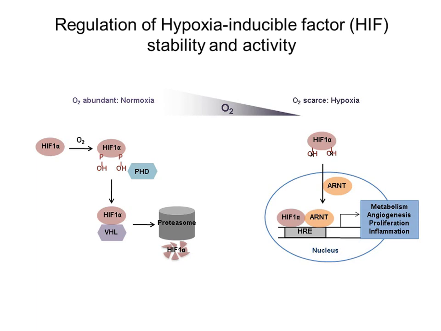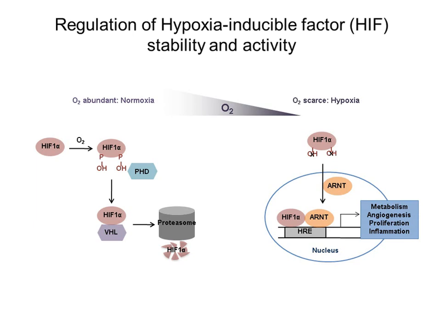As O2 levels decline, the alpha subunit is reversibly stabilized, enters the nucleus, dimerizes with ARNT, binds to HREs in the genome, and enhances the expression of literally hundreds of genes that contribute to malignant progression. They're involved in metabolism, tumor angiogenesis, rates of cell proliferation, and inflammation.